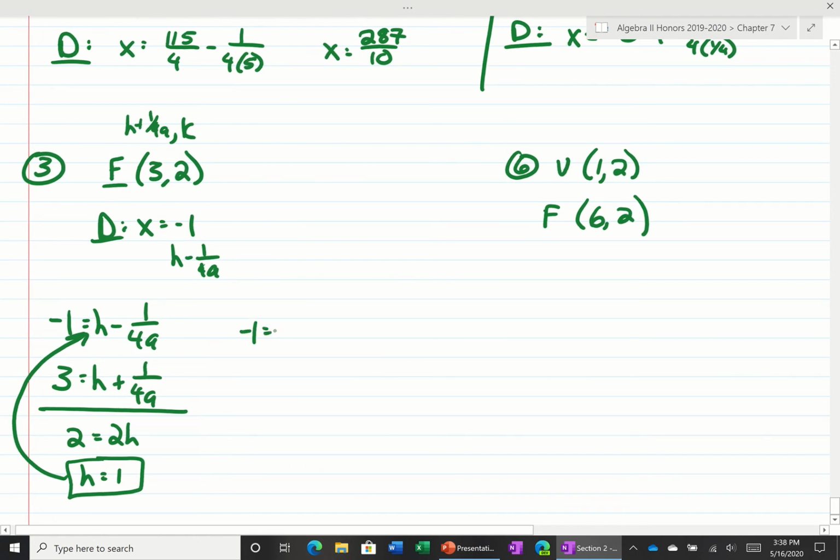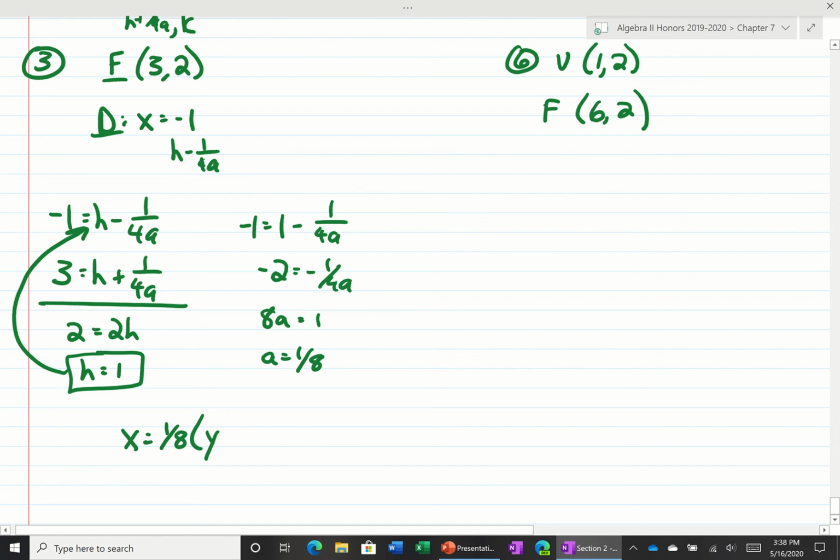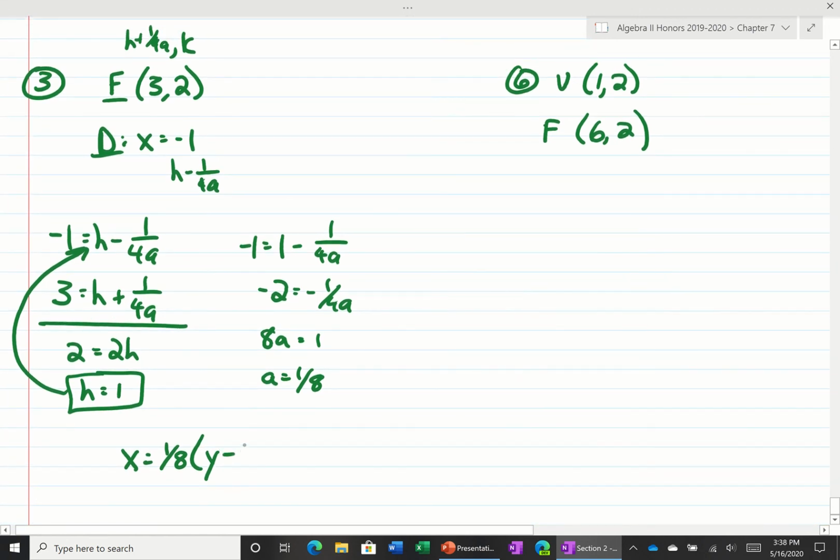And we get negative 1 is equal to 1 minus 1 over 4a. So negative 2 equals negative 1 over 4a. So 8a would equal 1. A would be 1/8. The equation for this problem would be x is equal to 1/8 times y minus our k value, so if the k was 2, this is going to be minus 2, and then plus our h at the end. So that should be number 3 on the practice worksheet.